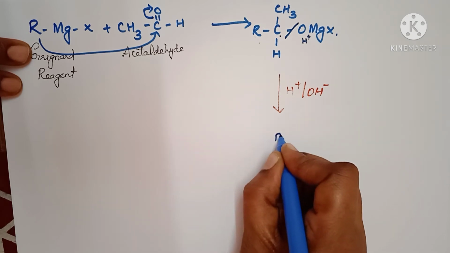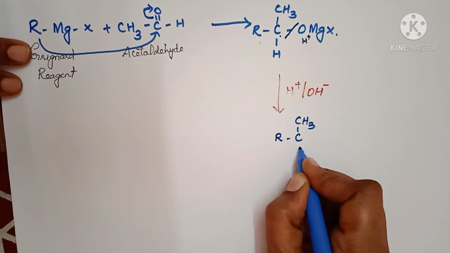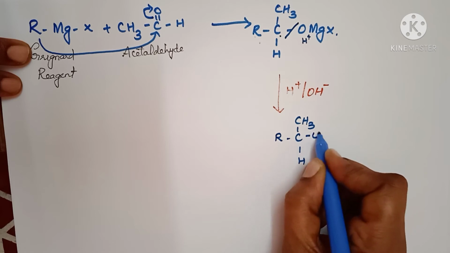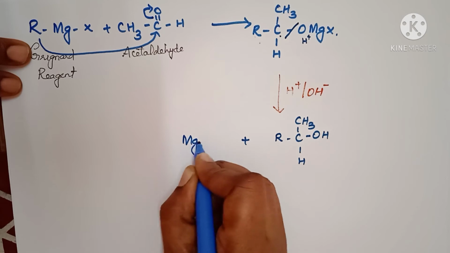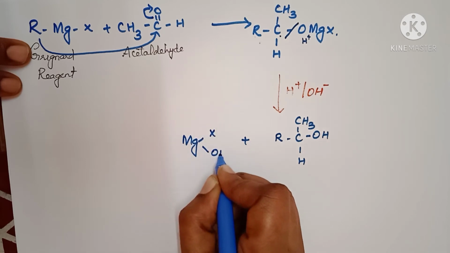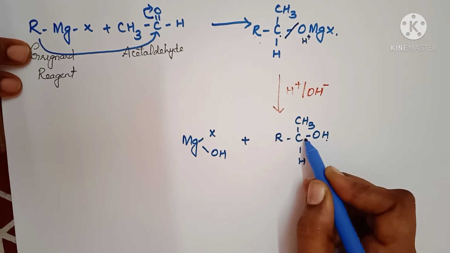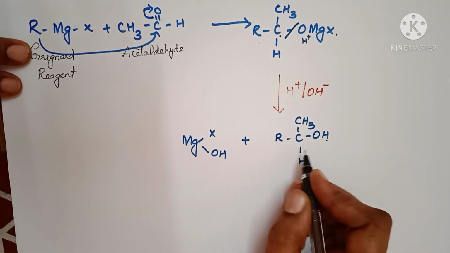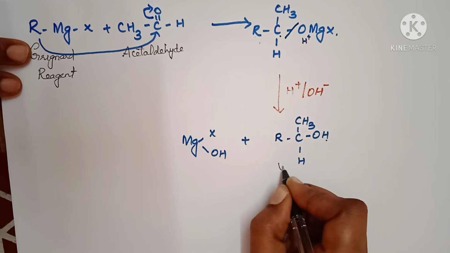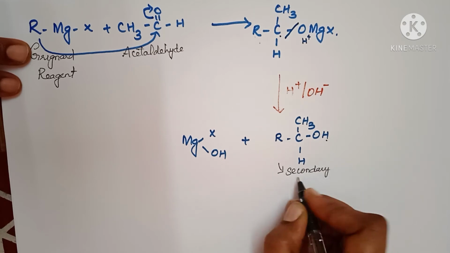R, C, here CH3, this is H and OH, plus Mg, here X, here OH. So here what do you feel? Here CHOH. CHOH is nothing but, as I told in the last video, a secondary alcohol.